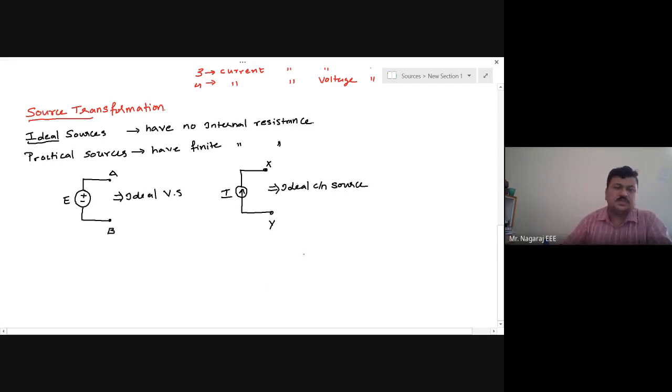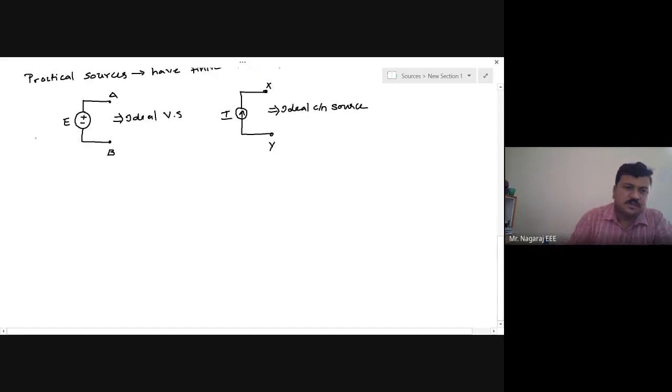Some resistance is present internally in the sources. So if it is a voltage source, then I represent that internal resistance in series with the source. Now a practical source. First we will see the voltage source, then we will look into how I get a current source from a voltage source.